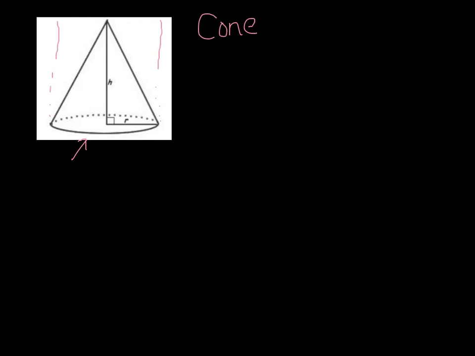It ends up that a cone is actually just a fractional part of its cylinder that makes it up. And in fact, the fractional part is that it's 1/3 of it. So the volume of a cone is 1/3 the volume of the cylinder that it is part of. And we know that the volume of a cylinder is the area of the circle for its base times its height.